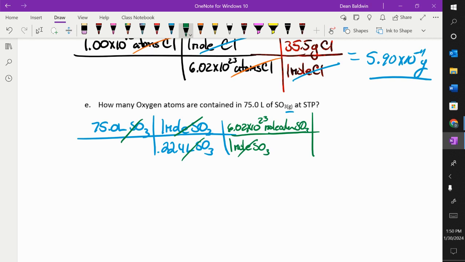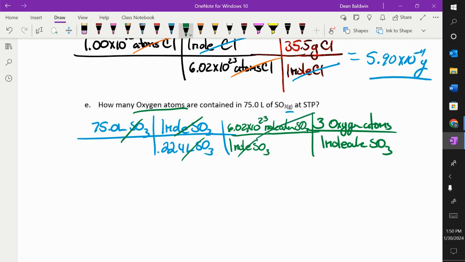This is important. Okay, what am I asking though? How many oxygen atoms are in that many liters? So the next question is, what do I have to do? There's 3 oxygen atoms per molecule of SO3. So 3 oxygen atoms for 1 molecule of SO3.